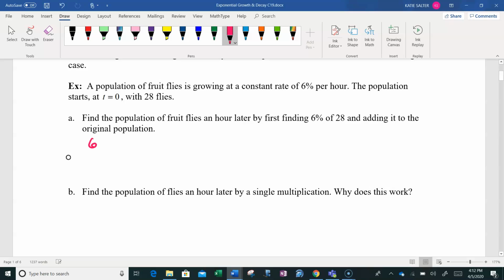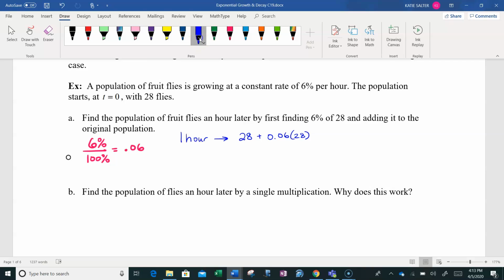If we wanted to figure out what 6% of something is, since we know percent is out of 100%, when we divide 6 by 100, we get 0.06. So to figure out how many flies we'd have exactly 1 hour later, we would take the number we had originally, which is 28 flies, and then calculate what is 6%. In other words, 0.06 times 28 flies.